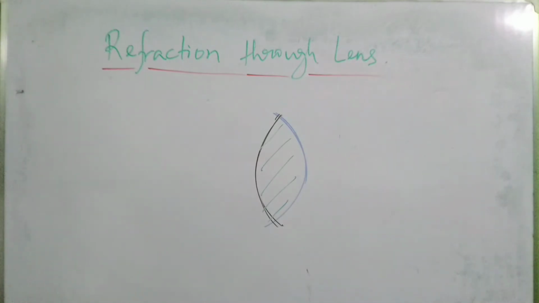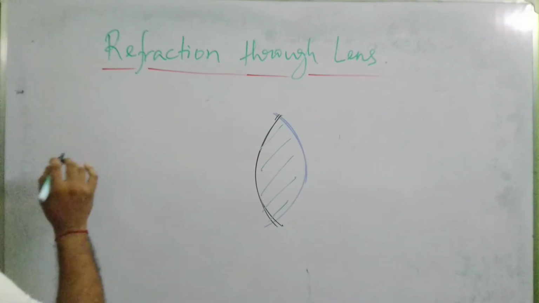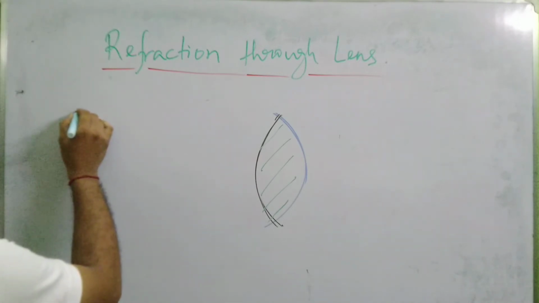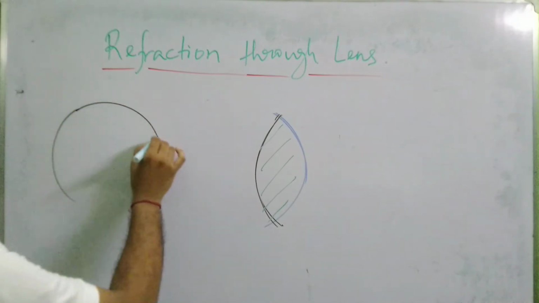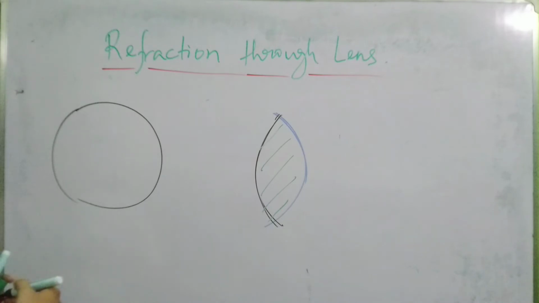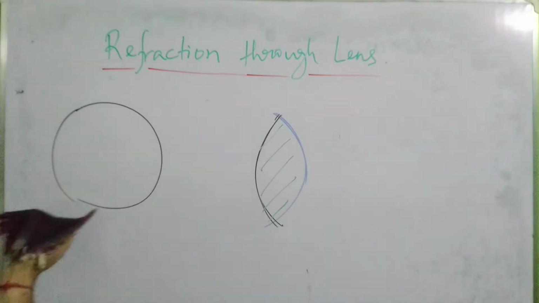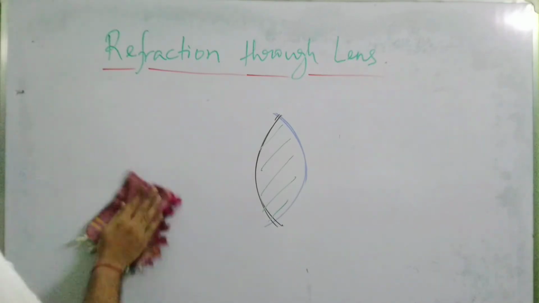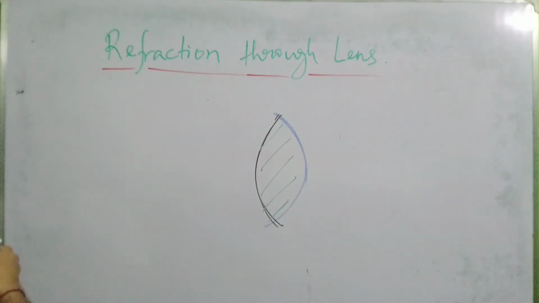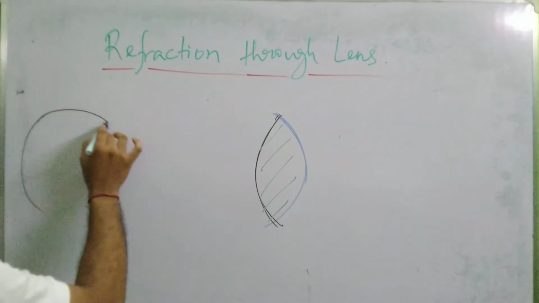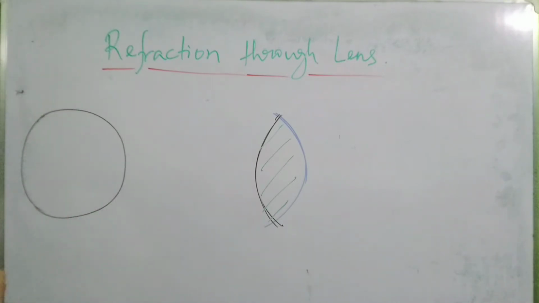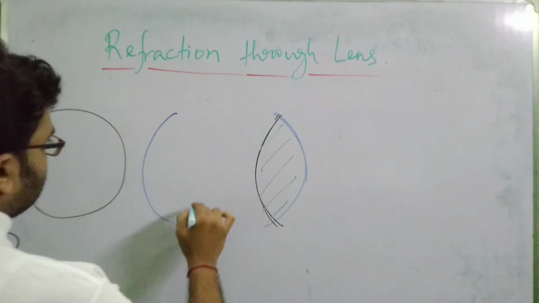Again, let me draw another diagram. If I consider another two spheres like this, this represents one sphere, and a little bit of space problem, let me draw it a bit more sideways. So this is a sphere, and this is another sphere.